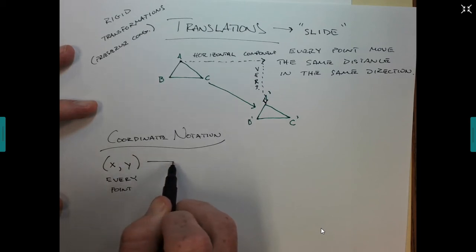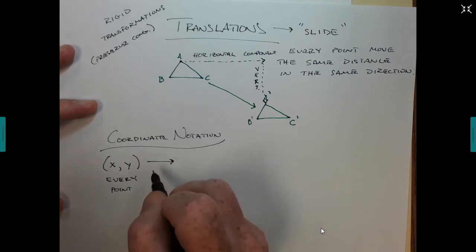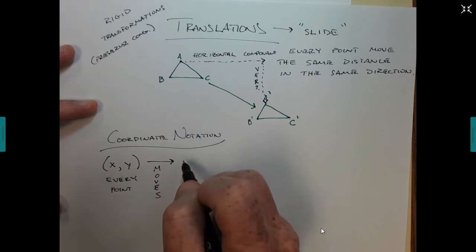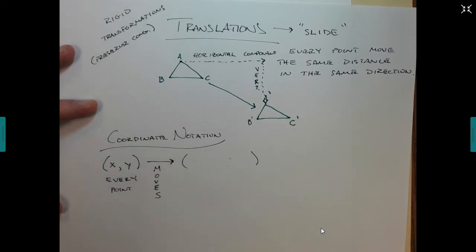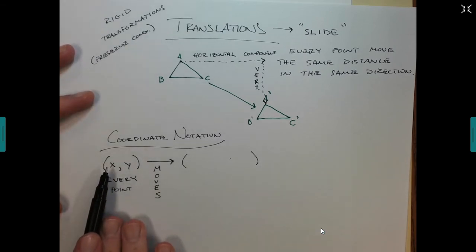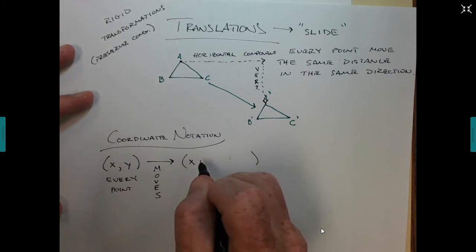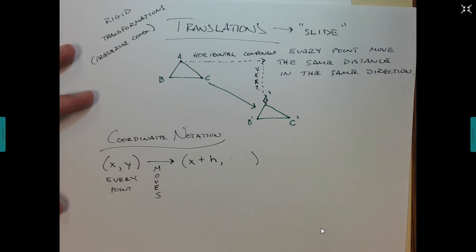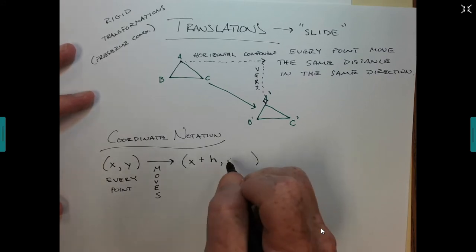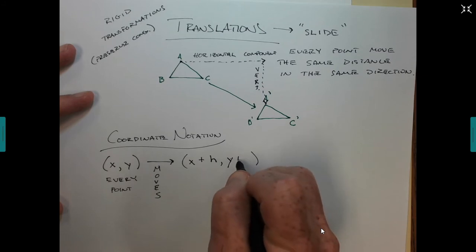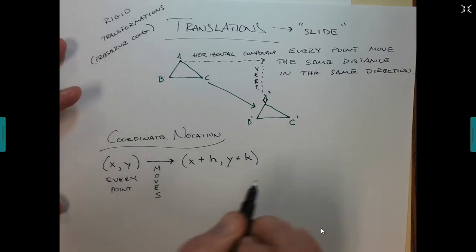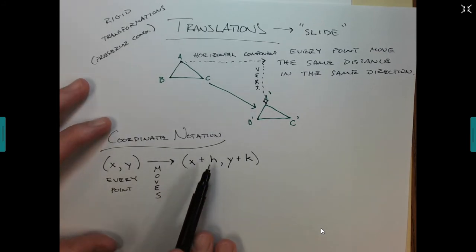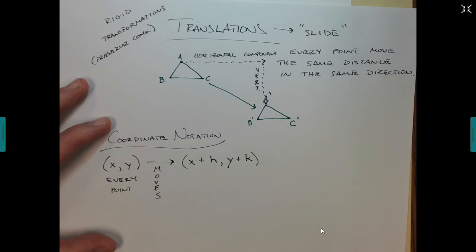We're going to use an arrow to symbolize movement. Every point is moving. And then we can talk about horizontal and vertical movement. Since X is horizontal movement, we can tell how much we want to add or subtract to create horizontal movement. The Y values are up and down movement. We can take the Y value, and I'm going to use letter K. Why? I have no idea. But when we discuss in mathematics horizontal and vertical movements, we use H and K.